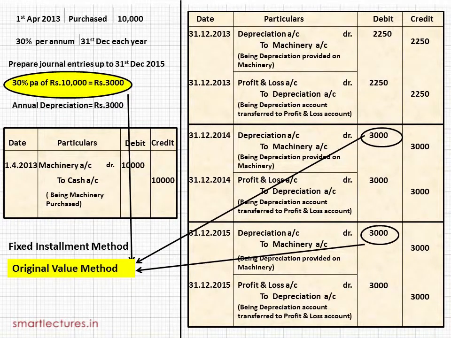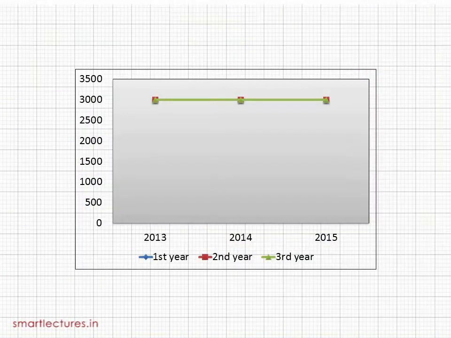Original value method means the original value of this machinery is 10,000 and depreciation is provided at the rate of 30%. Means in the first year 30% of 10,000, in the next year 30% of 10,000, in the next year 30% of 10,000. Means every time it is provided on 10,000, which is the original value of the asset. That's why sometimes it is called original value method.